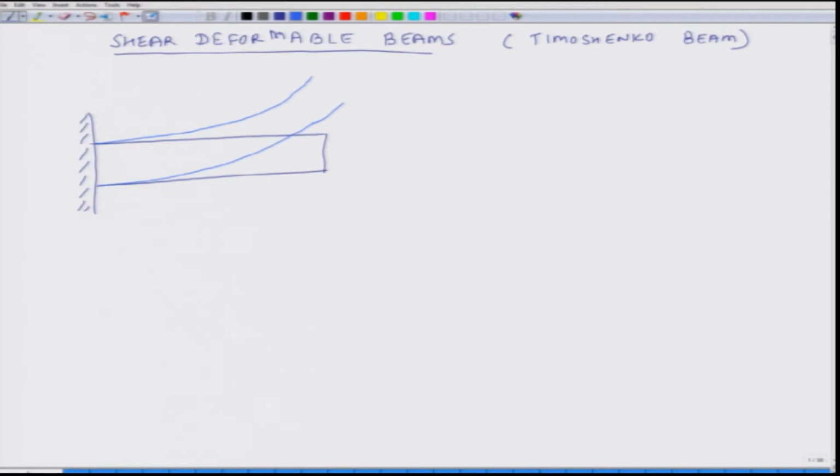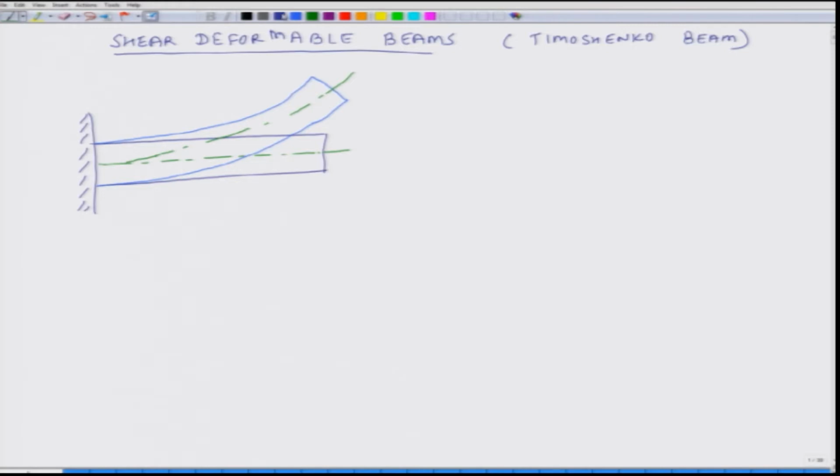Now, the line in green is the neutral axis, and it is present both in undeformed and deformed situations.